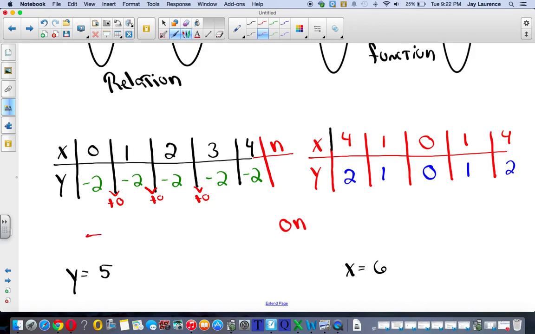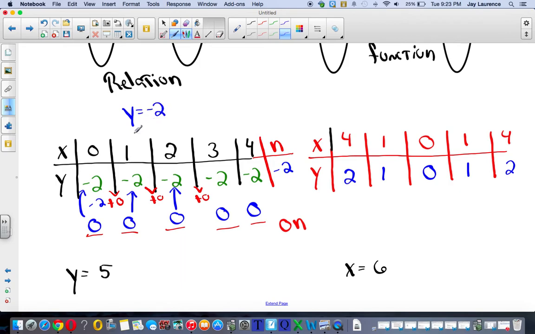So 0n, I do my comparison line, and 0 times 0, 0 times 1, 0 times 2, and 0 times 3, and 0 times 4. And in each case, I'm going to subtract 2. All right? My equation in this case, my function, is going to be y equals -2.